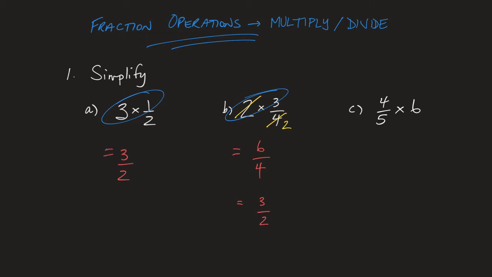That 4 on the bottom represents 2 2s. So I can already see that when I do multiply it, I'm going to be able to divide out that 2 from both top and bottom when I reduce. We're going to come back and talk a little bit about what we just did in question B as we move forward. For right now, I think getting 6/4 and reducing it to 3/2 is great.